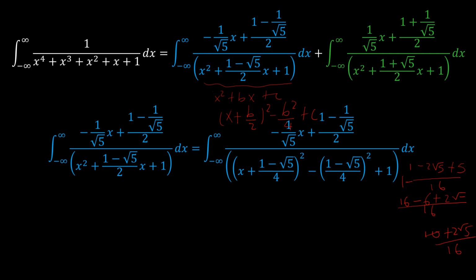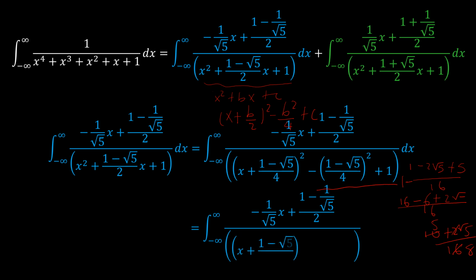Divided by 2, this becomes 5 plus root 5 over 8, replacing this term here. So now we have x plus 1 minus root 5 over 4 squared plus 5 plus root 5 over 8. And that is progress.